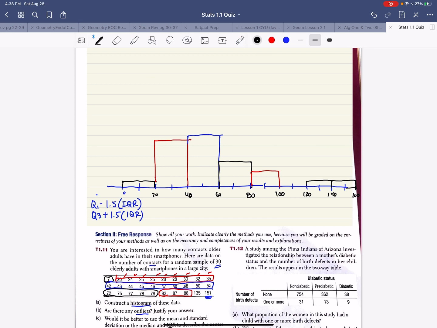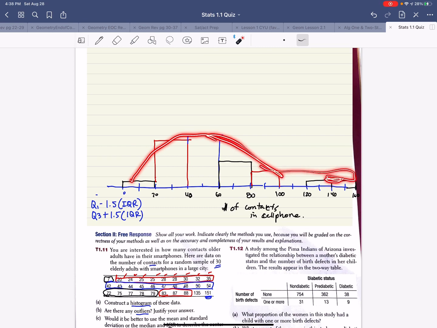Okay, so it says construct a histogram. I can't get full credit unless I label my graphs. So this is number of contacts in the cell phone. Okay. Now, this looks relatively uniform, but we've definitely got some outliers here.